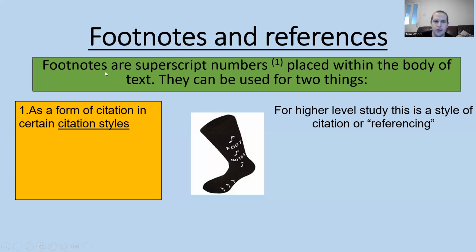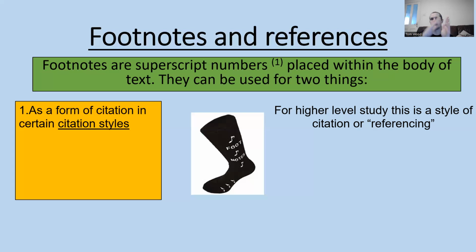There will be some information in a text, and then there'll be a little number there. That number will take you down to maybe the bottom of the page, and it will say where that information came from. So that's the link. The reason it's used is to not disturb the flow of what's being said.